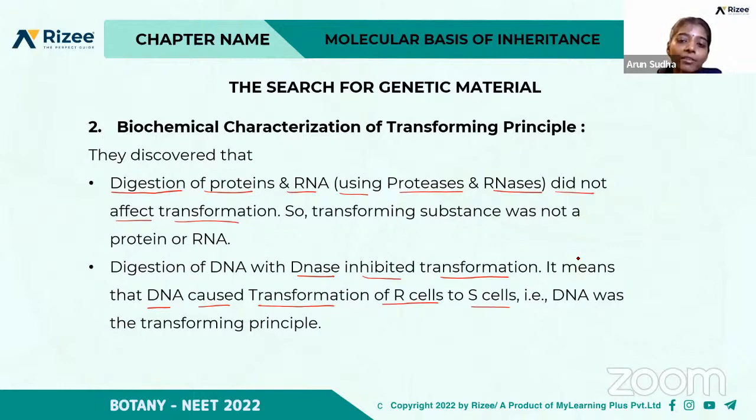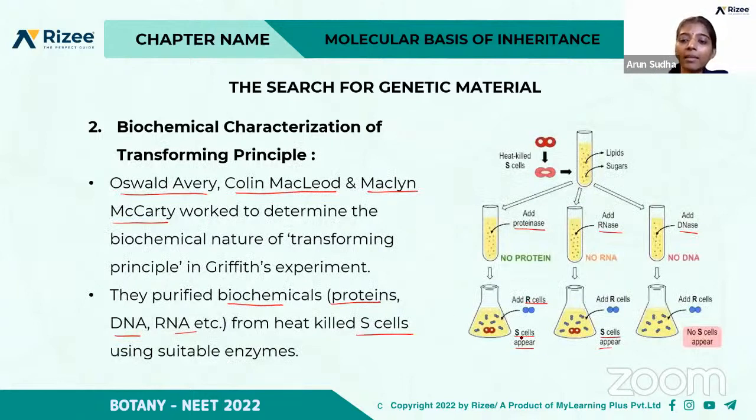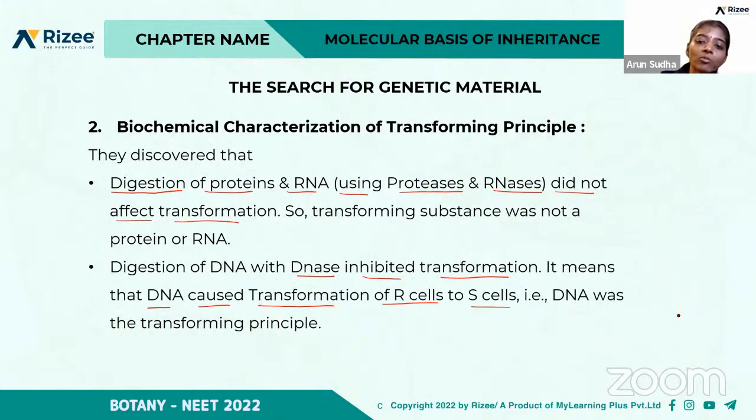When treated with proteases and RNases, there is an appearance of the cells, that is, the cell growth was not affected. But here, since the DNA itself is affected, there was no transformation and no S cells, because the DNA was not transferred here, as it was treated with DNase enzyme. So by this experiment, they found that the transforming principle was DNA.